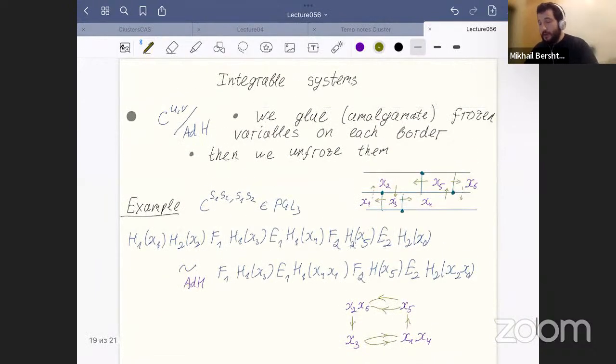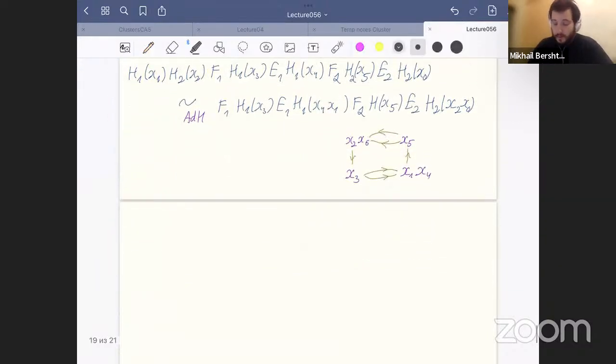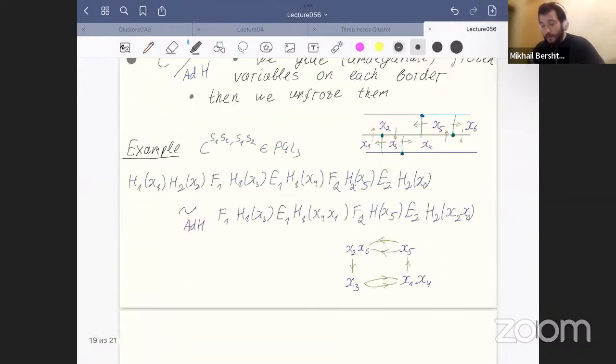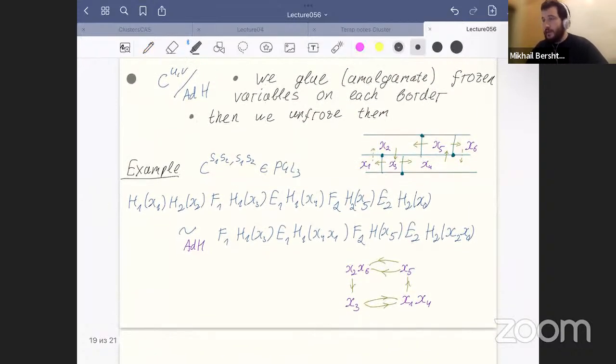Okay, so this is the quotient of the double Bruhat cells. And you can ask, where is the integrable system? If I want to look at the quotient, I have to consider functions which are well defined under the conjugation.